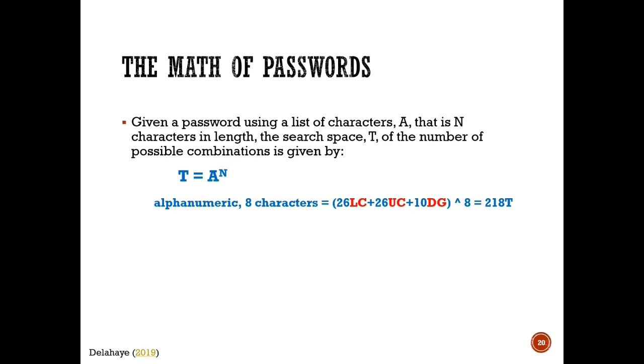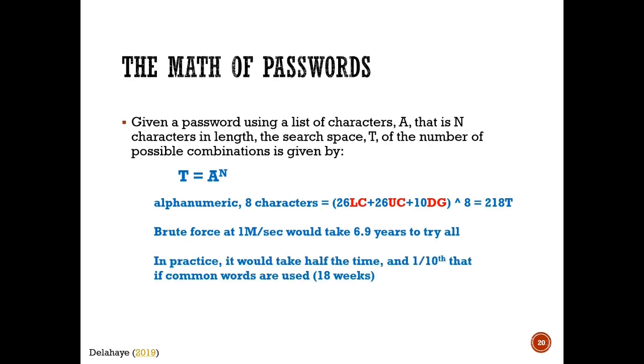Using a computer that can test 1 million attempts a second, which is relatively slow, it would take 6.9 years to try all possible combinations and guarantee a hit on the right password. In practice, however, it takes half that time, and it could be down to 1/10 if common words are used, which means your 8-character password has a real-world lifespan of just 18 weeks.